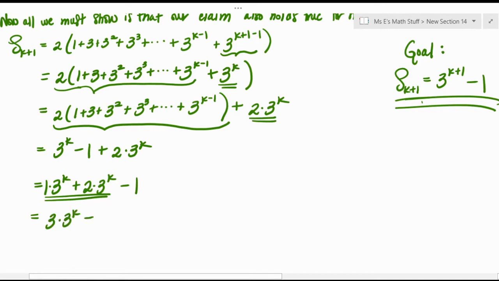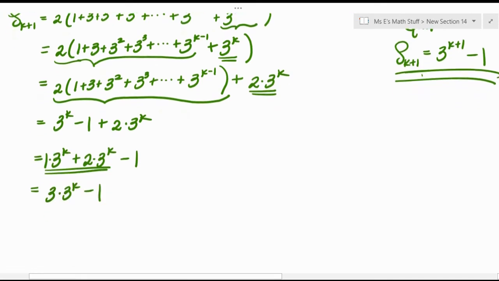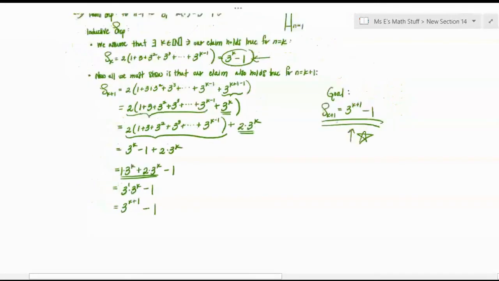And if you don't see it yet, take a look at where I'm at and where I want to get to, and think of 3 as 3 to the 1. And it's just a simple property of exponents. 3 to the 1 times 3 to the k would be 3 to the k plus 1 minus 1. Boom, just got it.